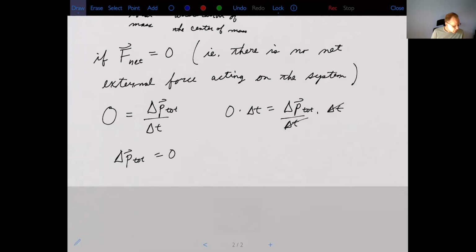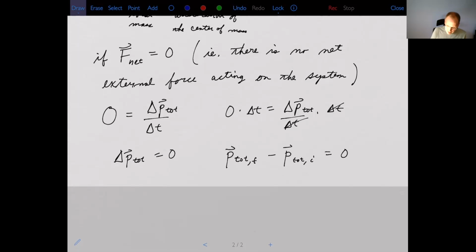But remember, change in total momentum means final total momentum minus initial, right? I could write this as P total final minus P total initial. That's equal to 0.